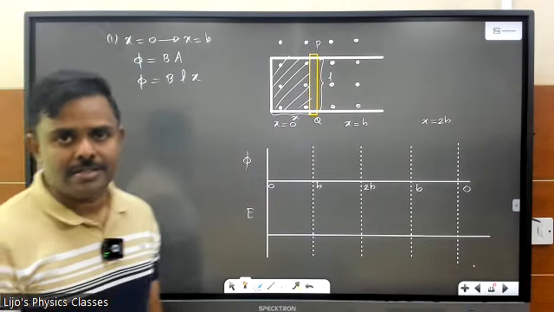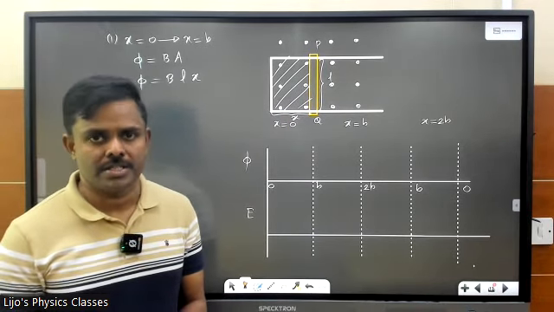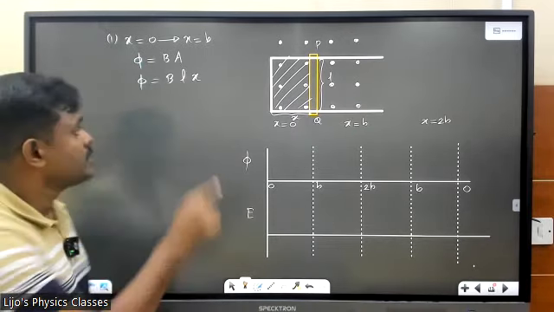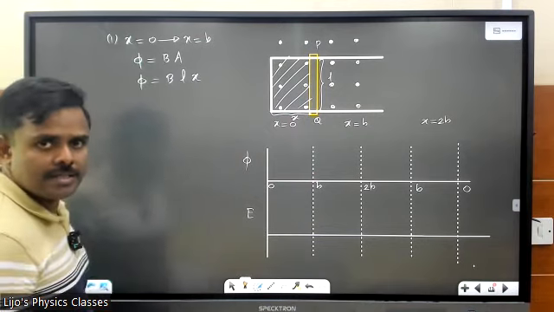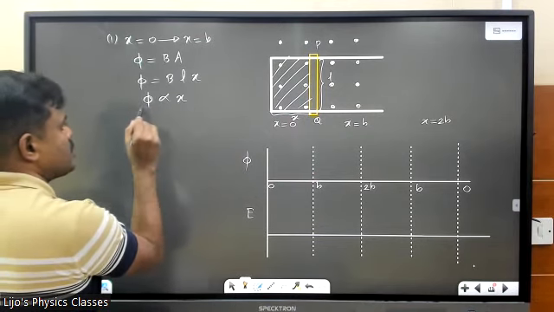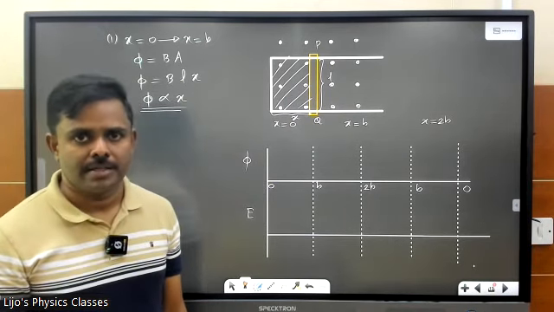B is a constant, given in the question. Magnetic field is a constant, and length of the conductor is also a constant. So B and l are constants, and we can drop them by putting proportionality. So flux is directly proportional to x.